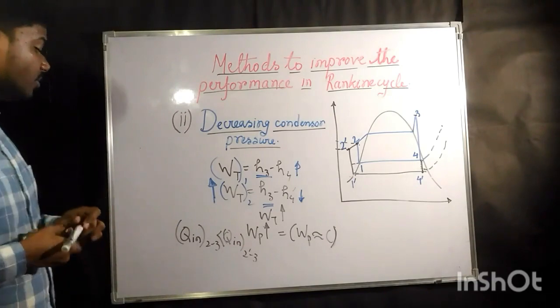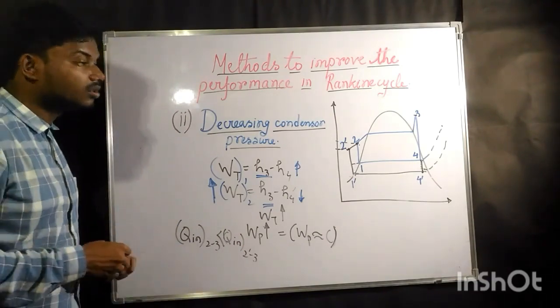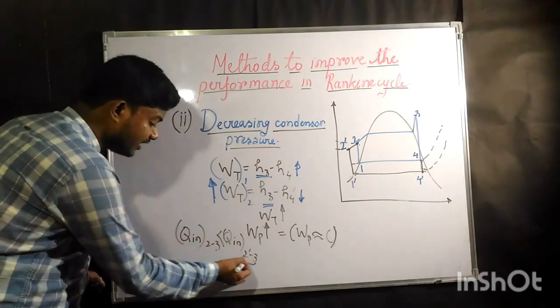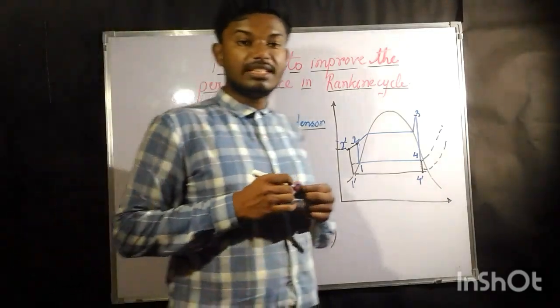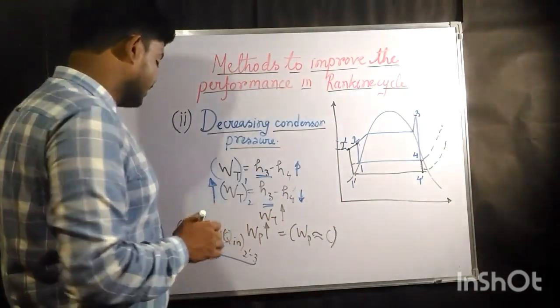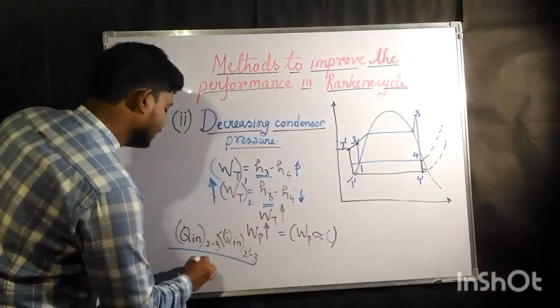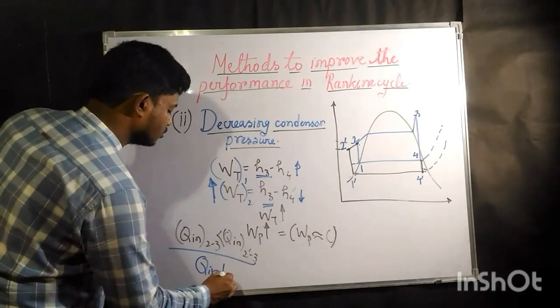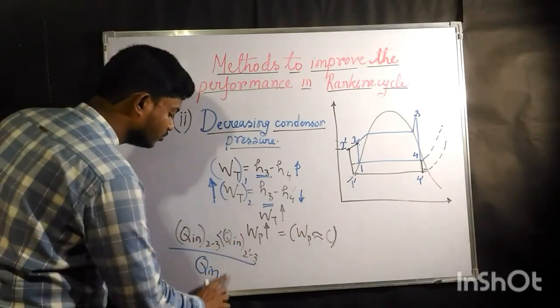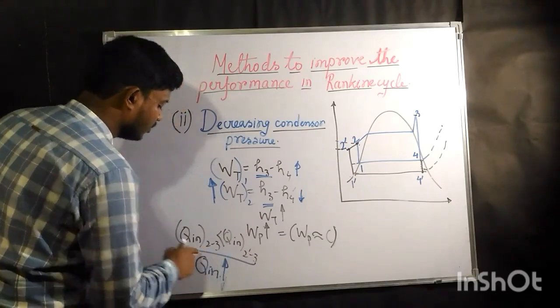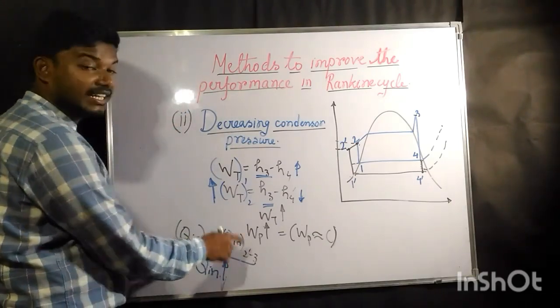That means heat input for process 2 to 3 is lower than heat input for process 2 dash to 3. So we are seeing that heat input is going to increase.